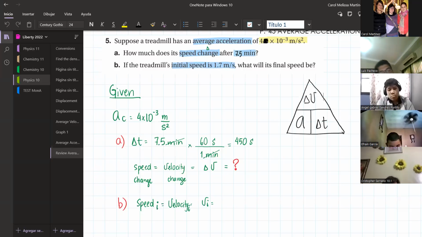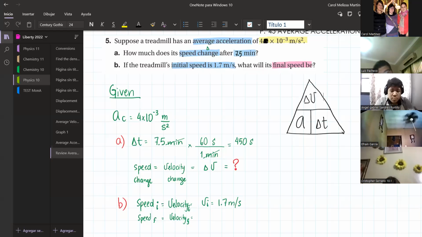VI is equal to 1.7 meters per second. And then the problem is asking me, what will its final speed be? I need to find the final speed, which is the same as velocity final.